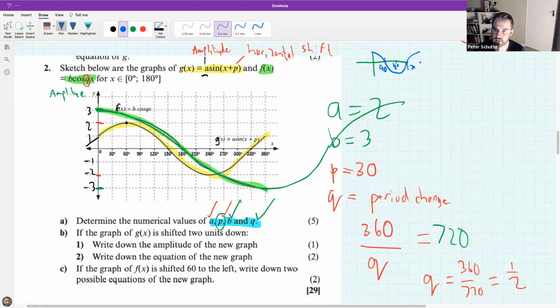But because the quarter is now going in a jump of 180, it means half of the cos graph fits into 360, so a full cycle of the cos graph must fit into 720. Does that make sense, Caitlin? Maybe let me know there.